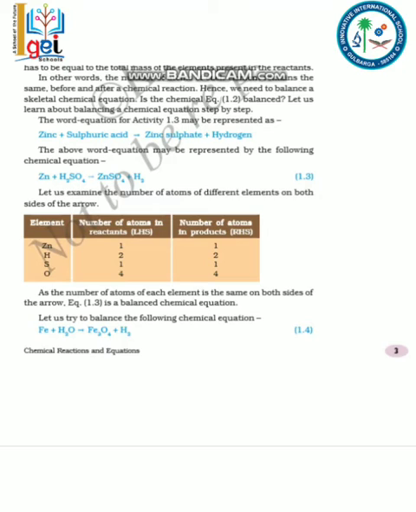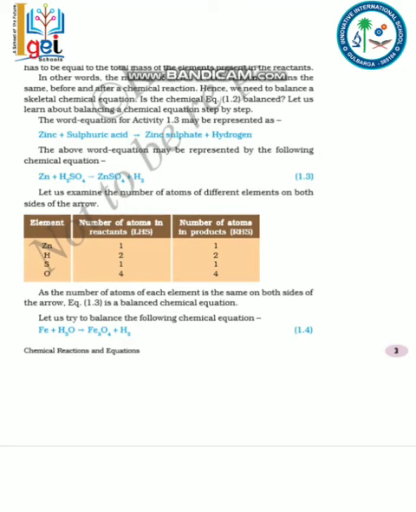You have zinc, hydrogen, sulfur, and oxygen. List all the elements in the elements column, and in the reactants column list the atoms present in the reactants. On the reactant side, you have one atom of zinc, two atoms of hydrogen, one atom of sulfur, and four atoms of oxygen.